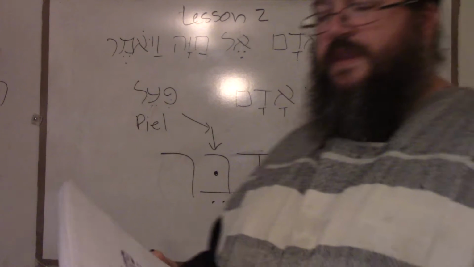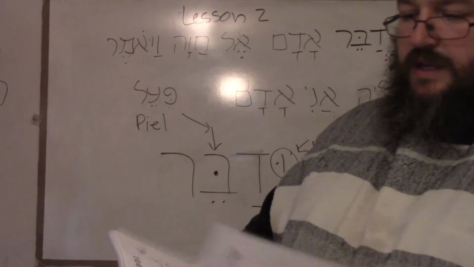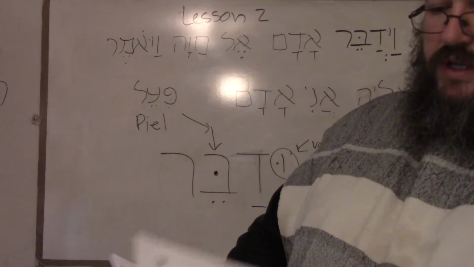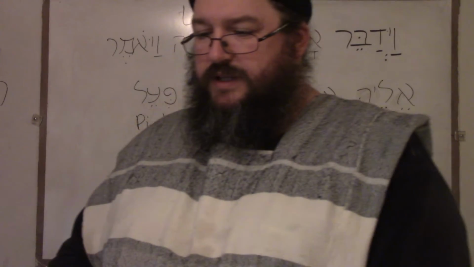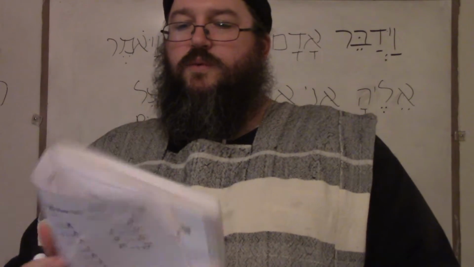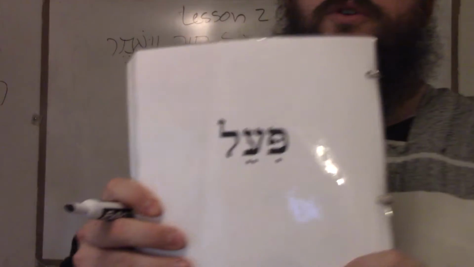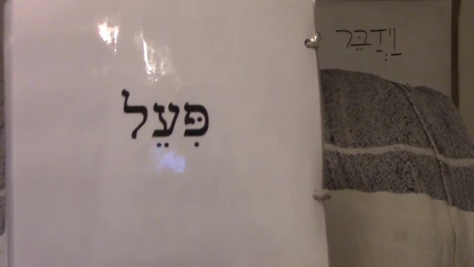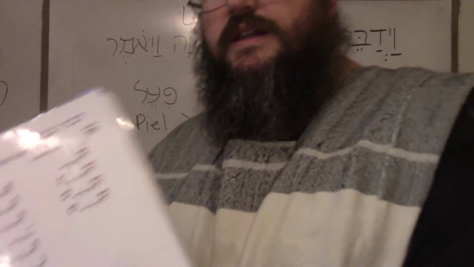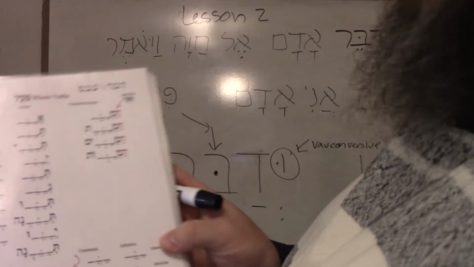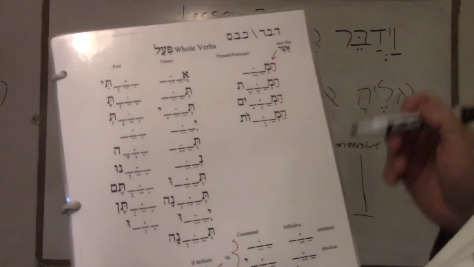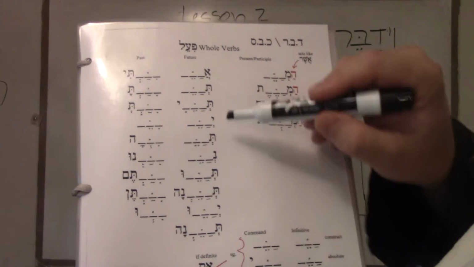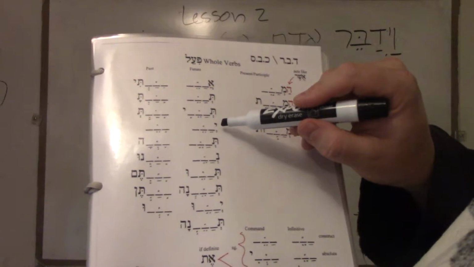If I was to go to the charts that I told you about that are listed on the website, I would go to the chart that I have created for PL. In the PL chart, I would start going through and looking for the form that fits. We know that the Yud is the front.